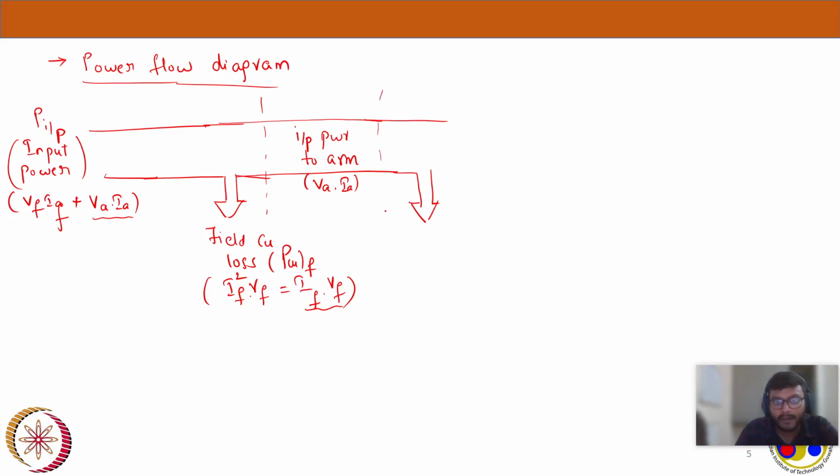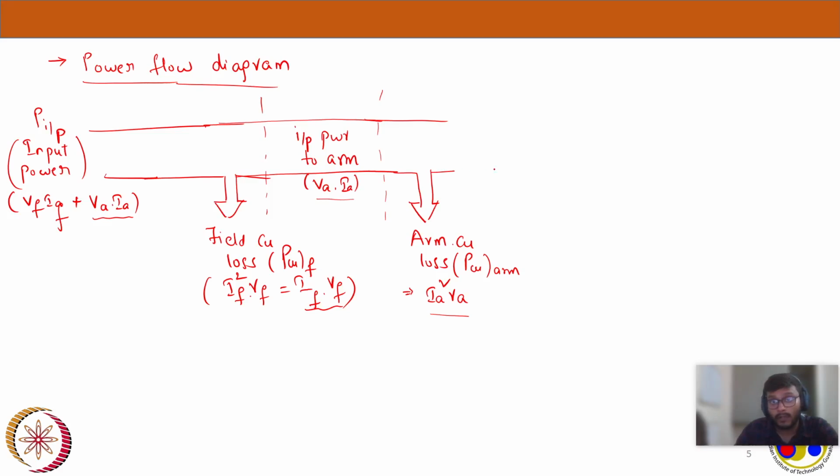Now this has been fed to the armature. Now again I have lost some power, that is armature copper loss, P copper loss of armature, which is nothing but IA square RA. So in VA IA, IA square RA is lost.